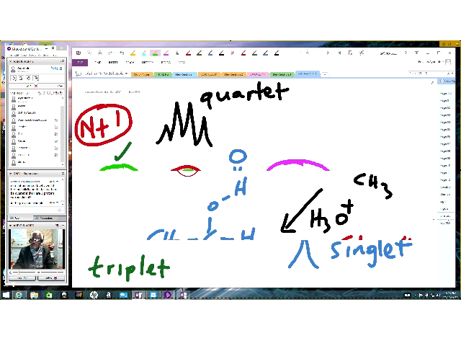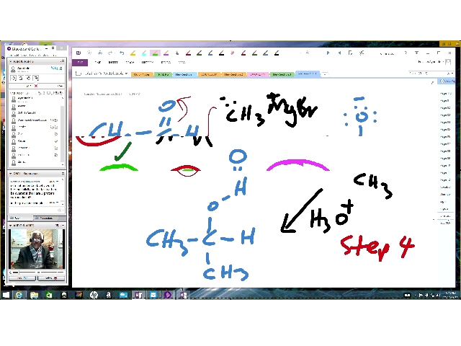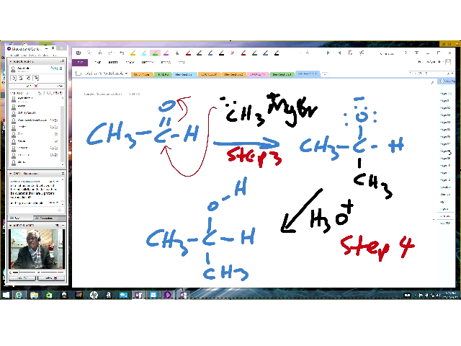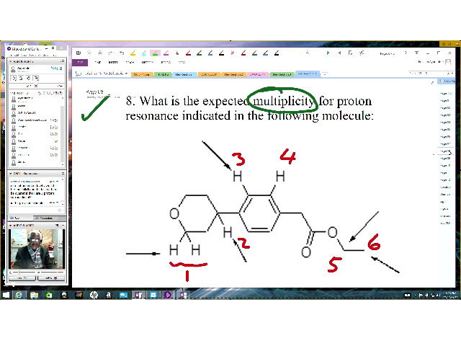Okay, number 8. So now let us do this. I need your assistance here. For the set of hydrogens that we call 1 on this carbon here, what will be the multiplicity?